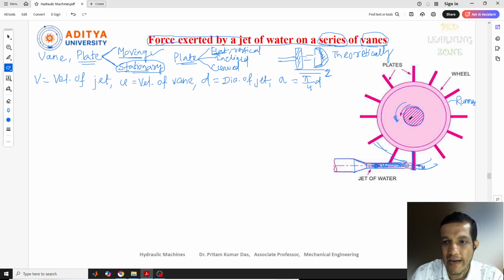Now in this case, the mass of water which is coming out from the nozzle per second will always be in contact with any of the plates, either this plate or this plate, any of the plates. Because a number of plates are available here, we need to find out the mass of water.